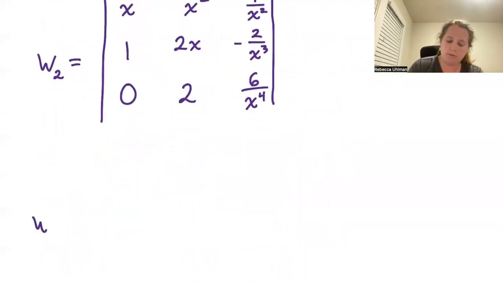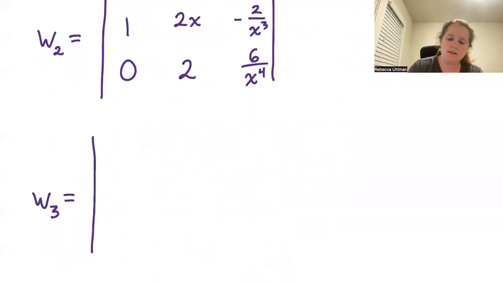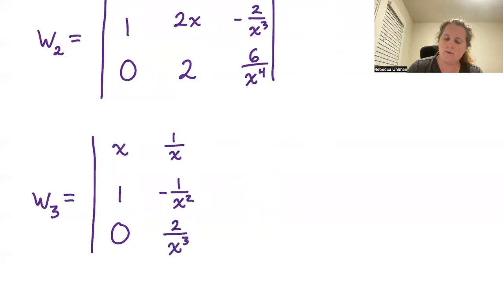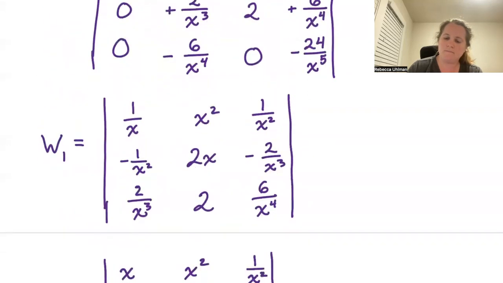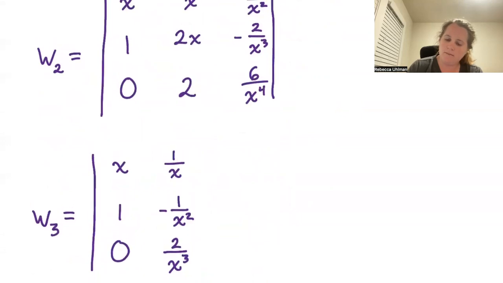We can find W3. This time around, we eliminate the third column and the last row. So we have x, 1, 0 from the first column. We have 1 over x, negative 1 over x squared, and positive 2 over x cubed from that second column. And then from the last column, we have 1 over x squared, negative 2 over x cubed, and 6 over x to the 4th.